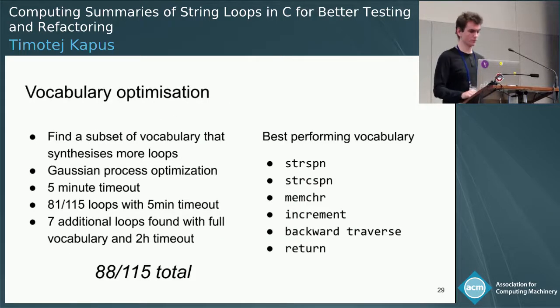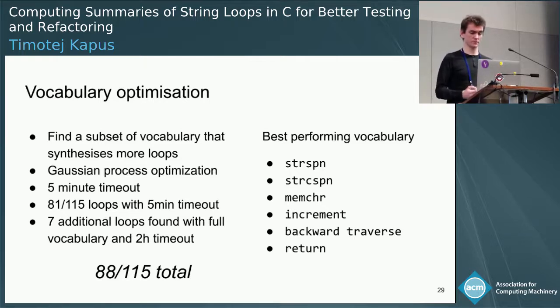So then we looked into trying to optimize the vocabulary. That is, find a subset of the vocabulary that synthesizes more loops than the full vocabulary. And we used Gaussian process optimization with a 5-minute timeout for loops. So before we had 2 hours, and in this experiment, we have 5 minutes.